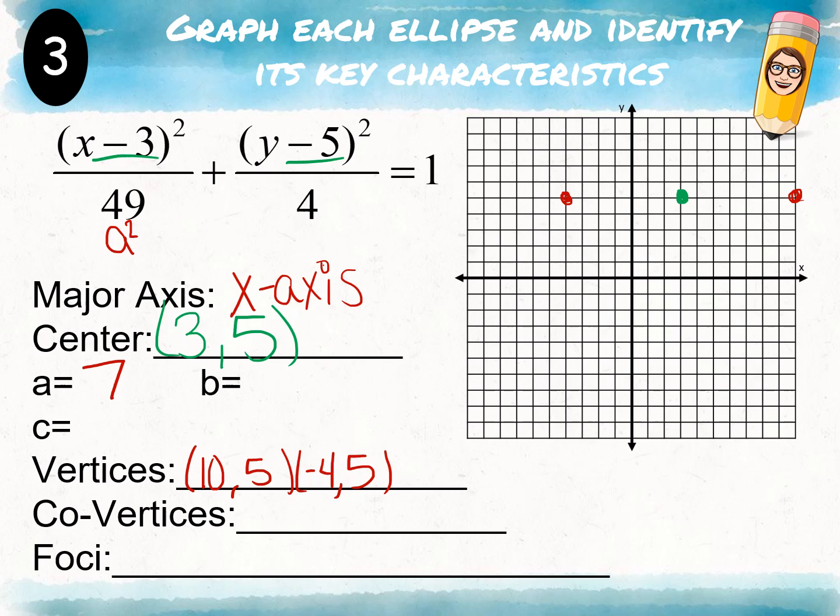Let's talk about our b value. B squared is 4, so my b value is 2. B is the distance from the center to the co-vertex, so I want to go 2 north and 2 south. Now, I counted on the graph and could identify my co-vertices, or I could say I'm taking my y value of 5 and adding 2 and subtracting 2.